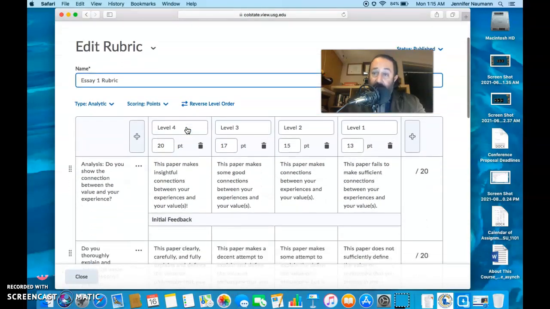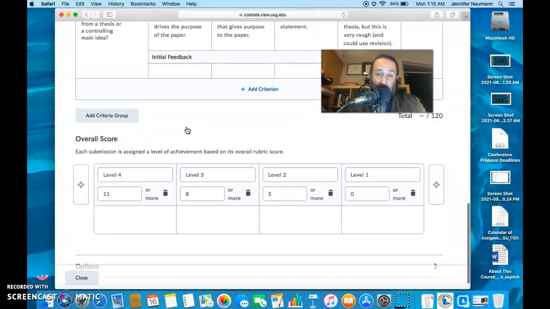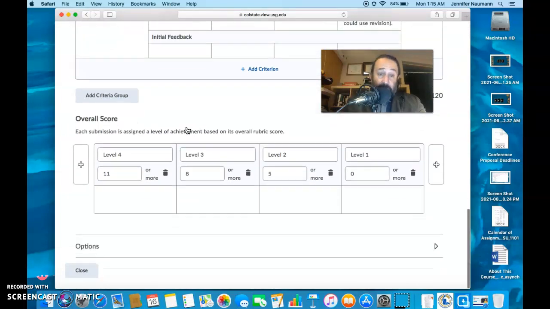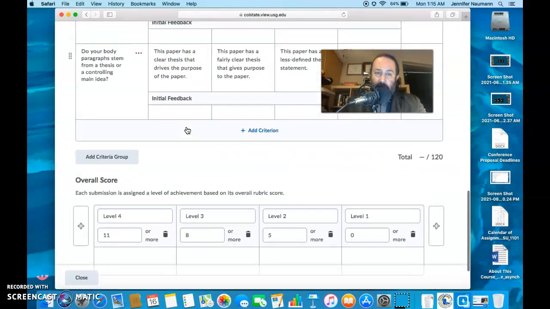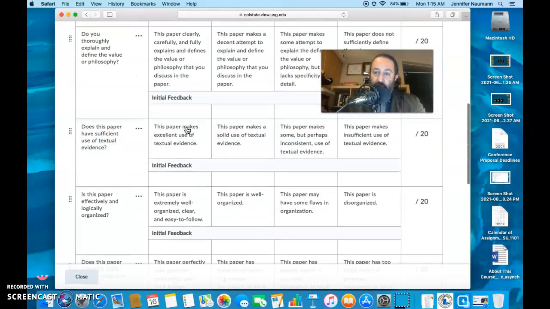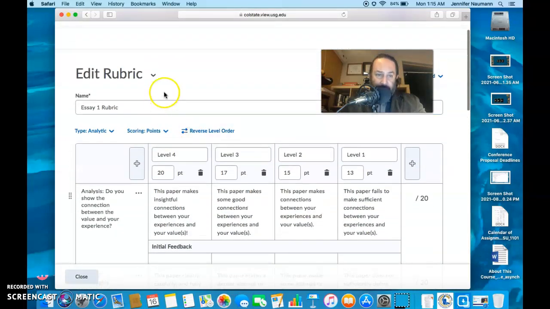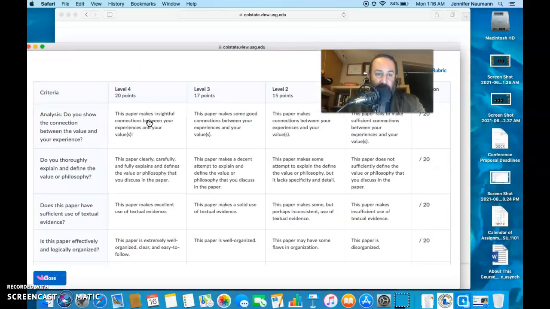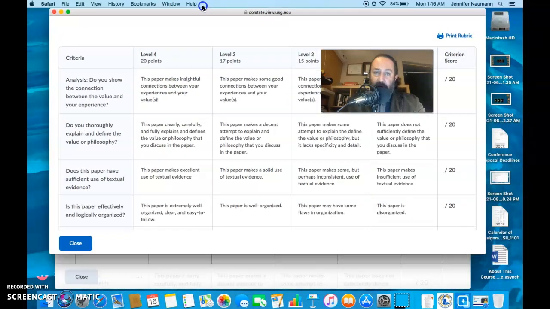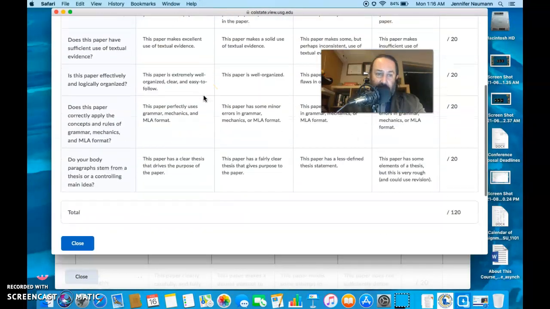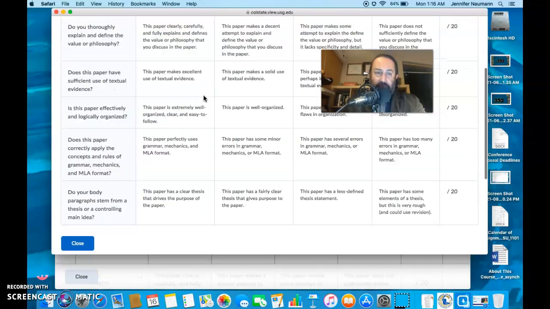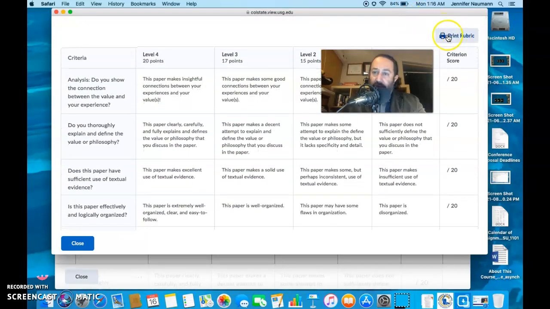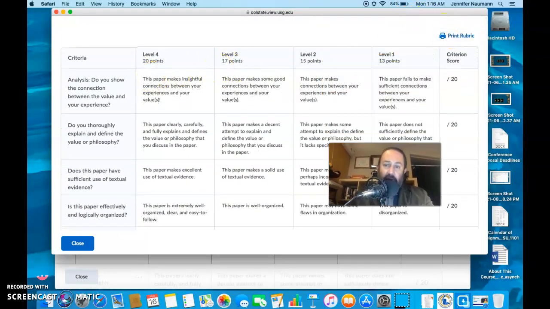Let's see, where's there? The preview. I think this is the viewing option that I liked. Yeah, there it is. If you look at it on the preview, you can print it too. I just like this one.